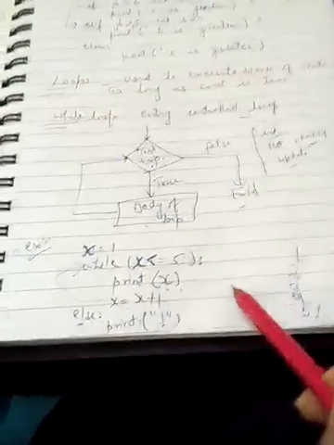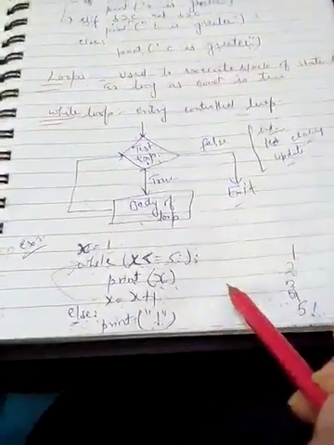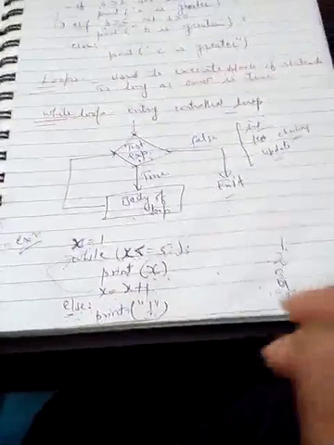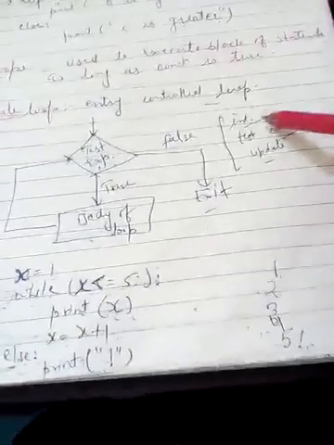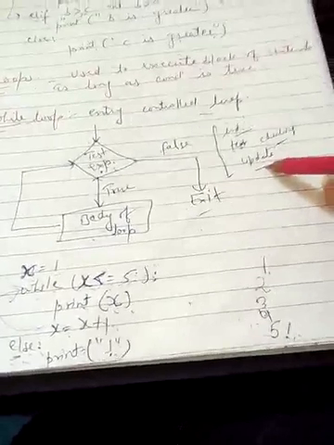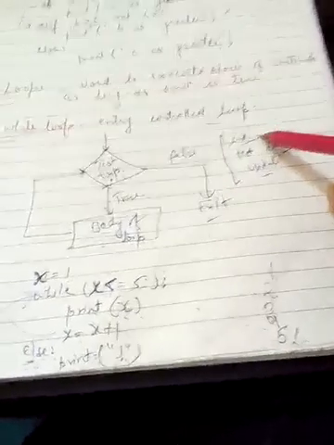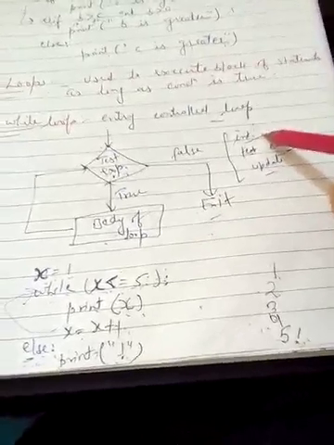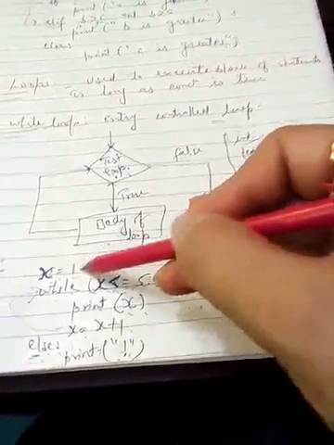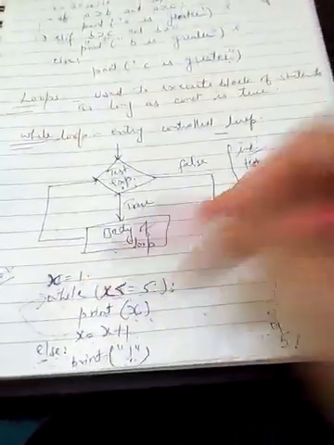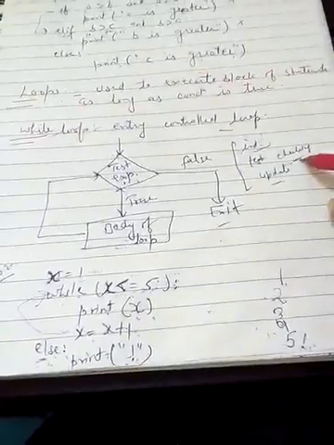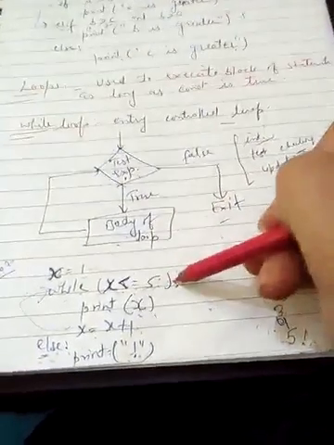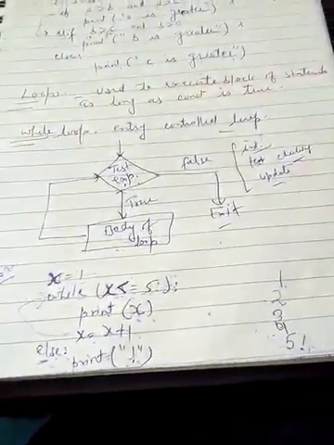So here we have seen that we are using 3 elements of the while loop. The first one is initialization, the second one is test checking, and the third one is update. Initialization means we have to assign a value to a variable, like in this way we are assigning 1 to the variable x. The next one is the test expression checking. The third one is the update operator.